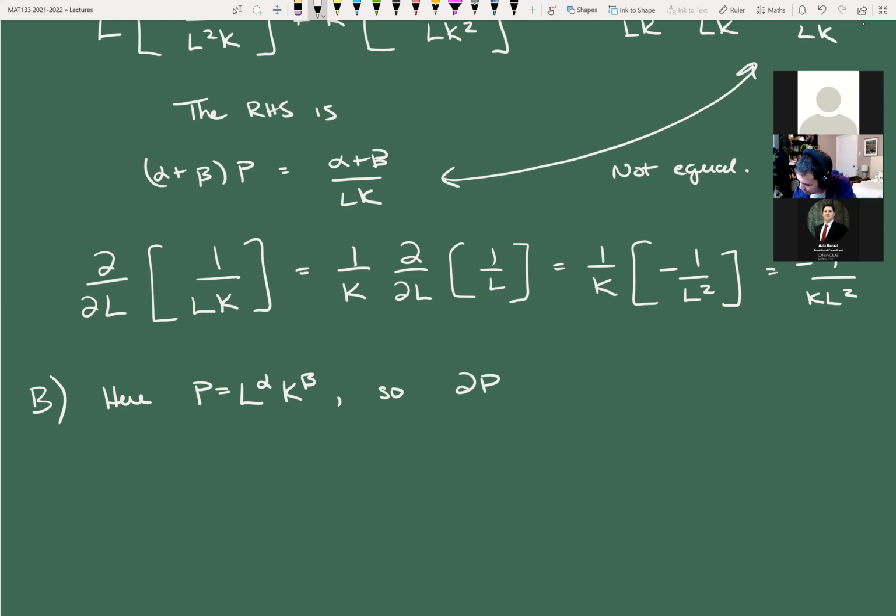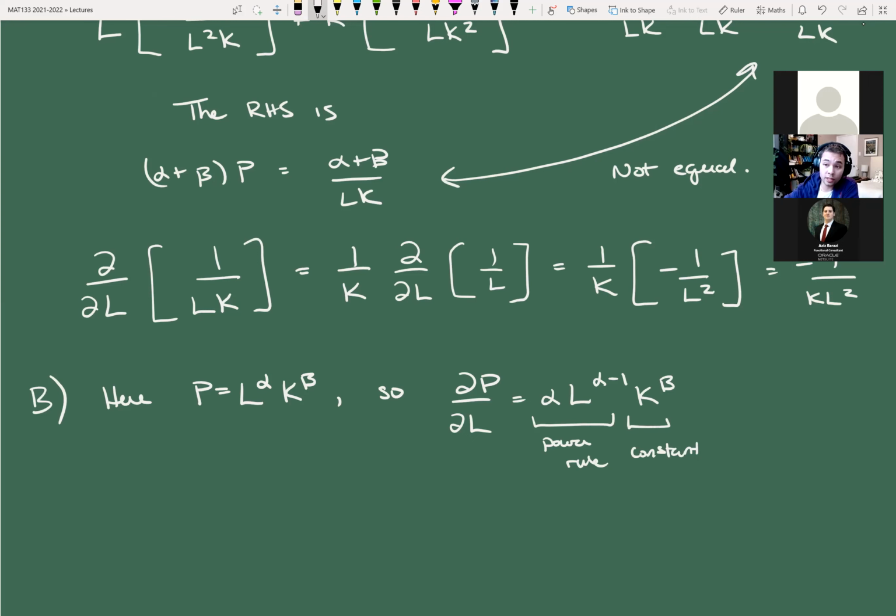So if we compute ∂P/∂L, again, K is just a constant. It's just going to come along for the ride. So we're going to get alpha L to the alpha -1, K to the beta, right? I use my power rule here. And then this thing is just a constant, so nothing happens to it.